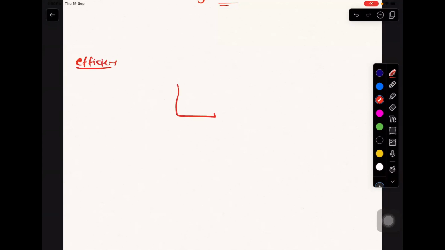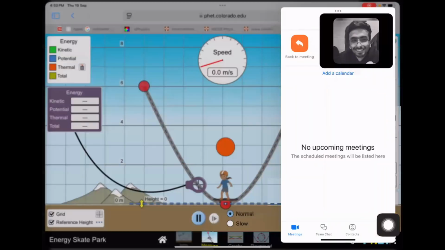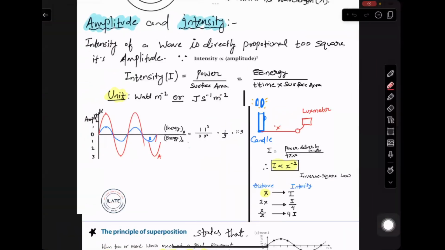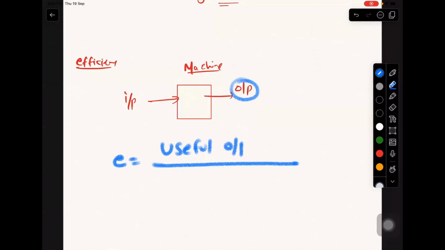If there is a machine, it requires an input and gives you an output. The output will be the useful output. Efficiency is basically the ratio of useful output upon total input into 100. That will give me the percent efficiency.